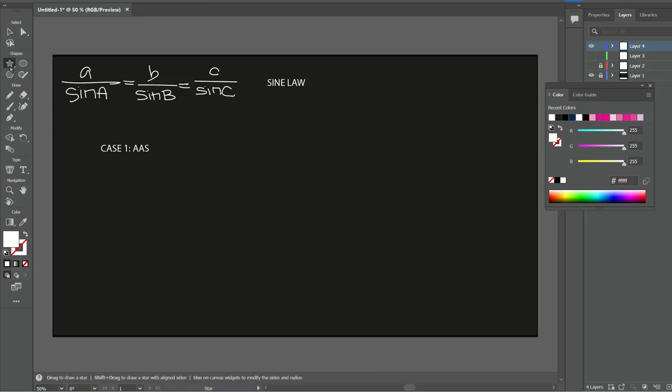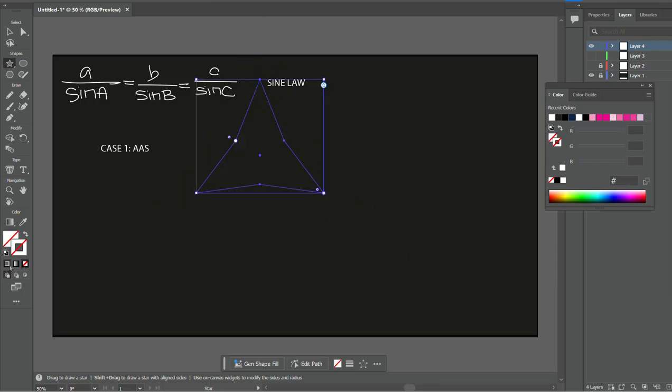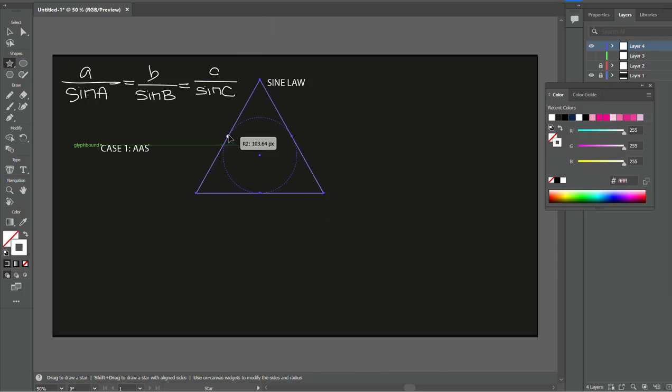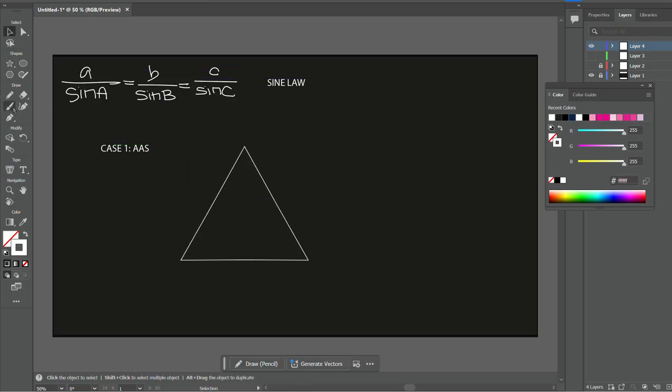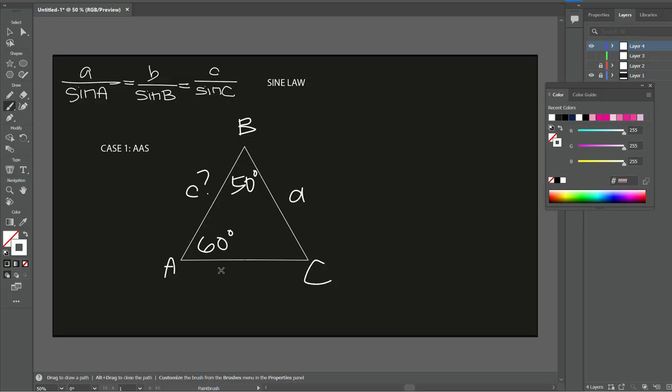So it means that when you have this given, always remember the capital ones are the angles and the small ones are the sides.